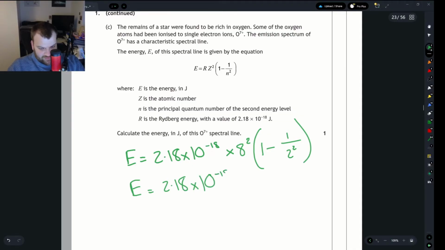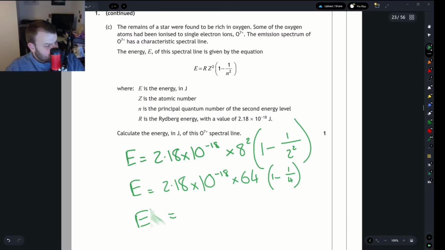I'll write it out a wee bit more, where we've got 64, and that's going to then be 1 minus 1 over 4. And then let's just lean on the calculator. And that gives us a rounded answer of 1.05 times 10 to the minus 16. And that would be in joules, as it says there.